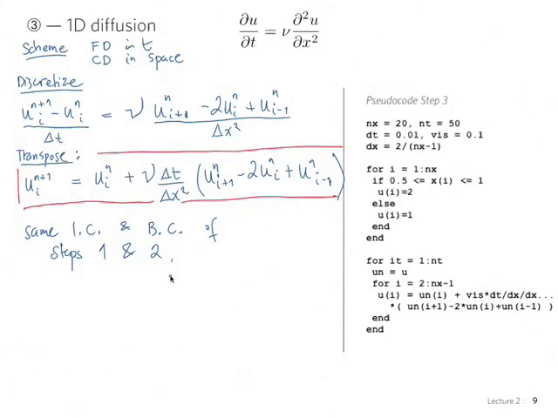So, we have, as before, a part where we initialize some variables for our calculation, our numerical parameters, the number of steps in the x direction, the number of steps in the time variable, our delta t, our viscosity parameter, that wasn't here before, but the rest is the same. Here's our initialization. Here is our initial condition.